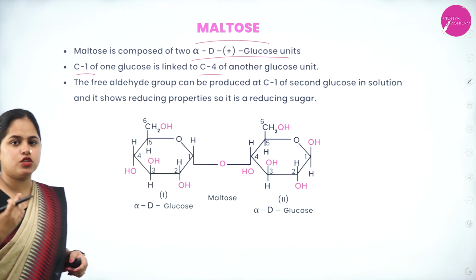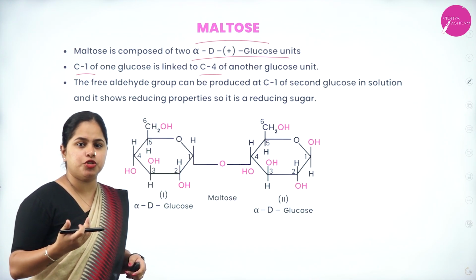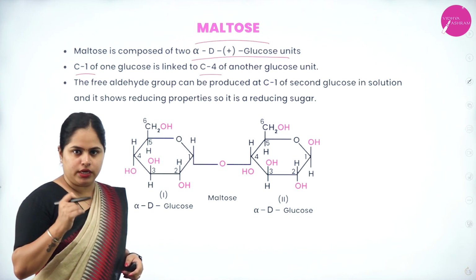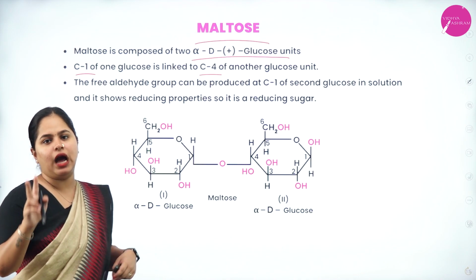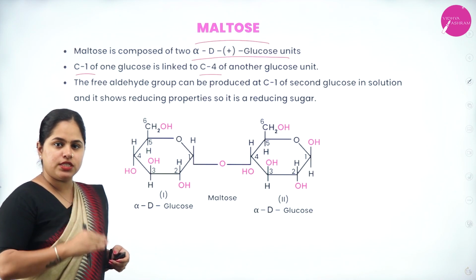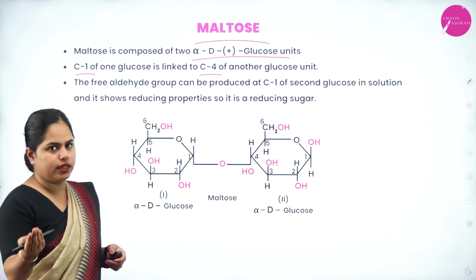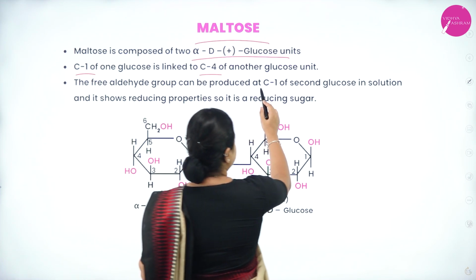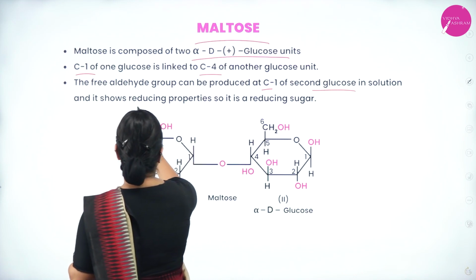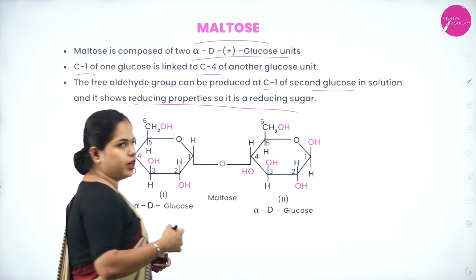This glycosidic linkage is important to remember. The free aldehyde group can be produced at C1 of the second glucose in solution, and it shows reducing property. So it is a reducing sugar.